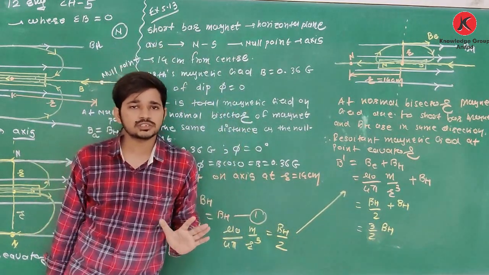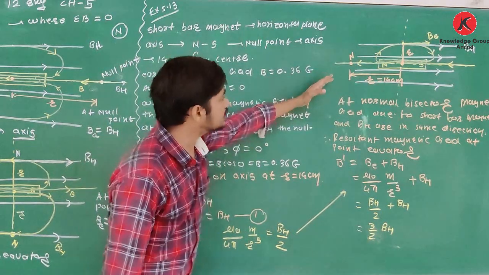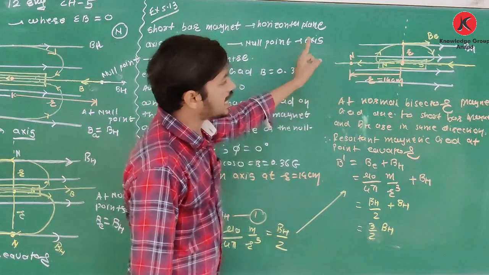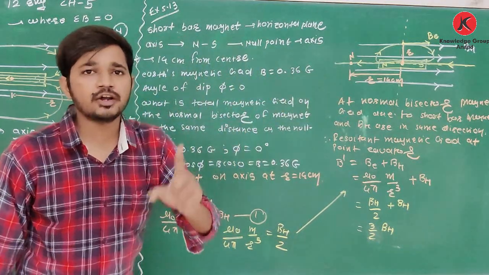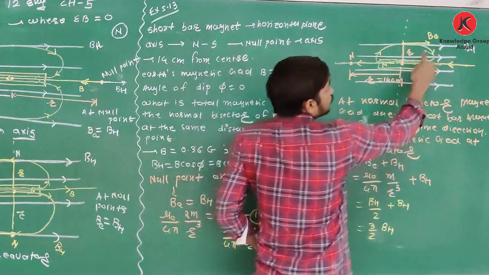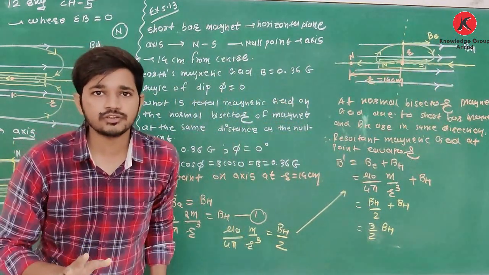Clear about this question? Okay. Again, in this case, as the magnet is placed like this, null points are obtained on the axis, and on the equator the resultant magnetic field is BE plus BH. Clear about this?